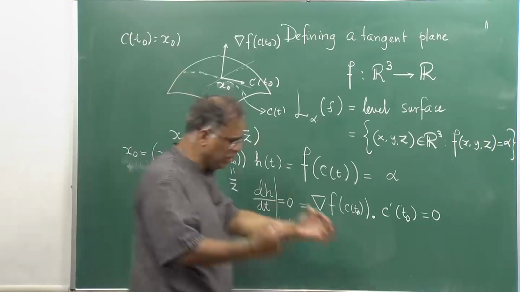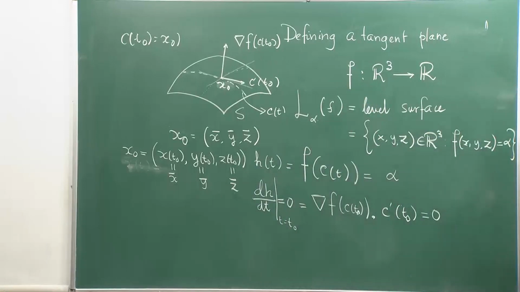Hence, the relation between the gradient of f at x naught and the surface is that the gradient is always pointing perpendicular to the surface. This is possible because of the simple chain rule, which is actually elucidating the geometry, and this is something you really have to keep in mind.